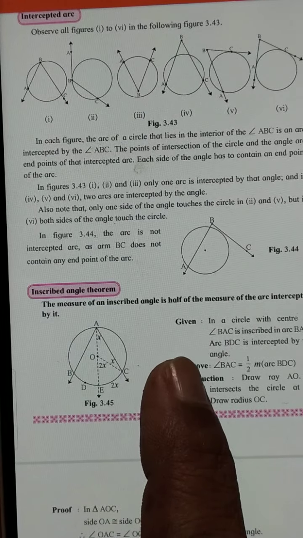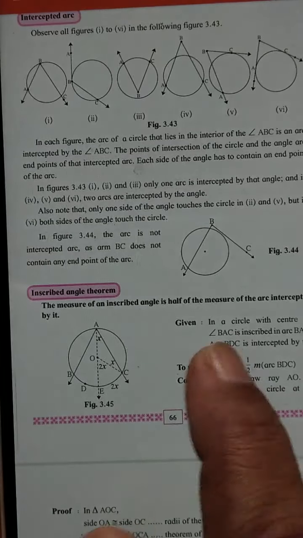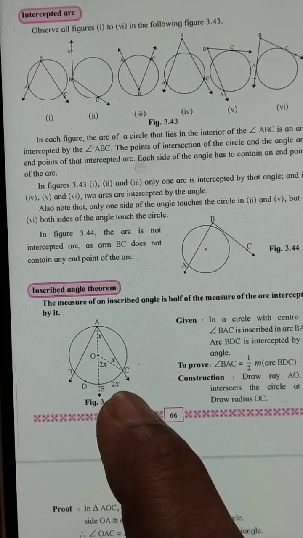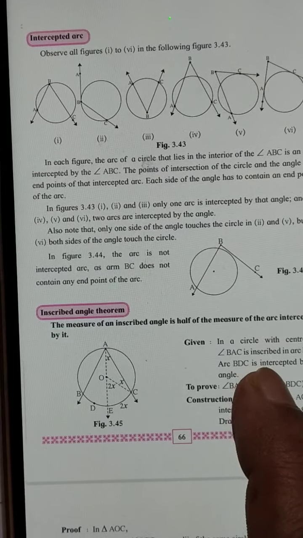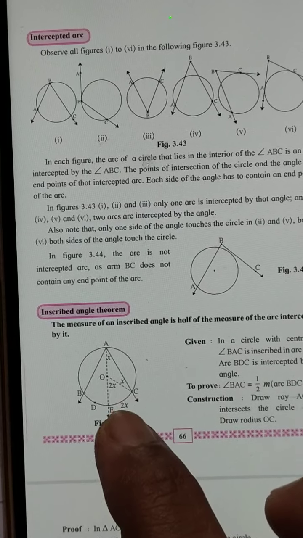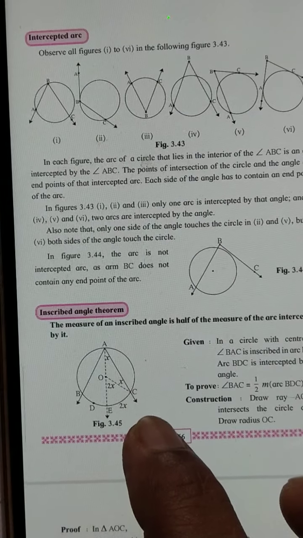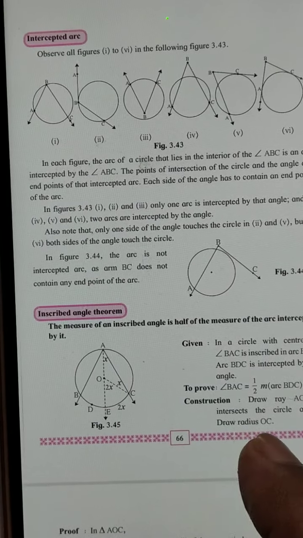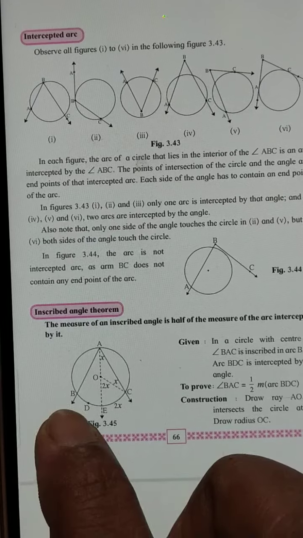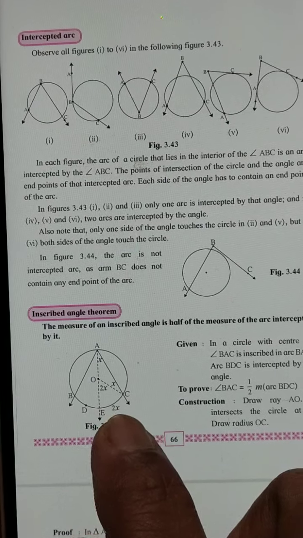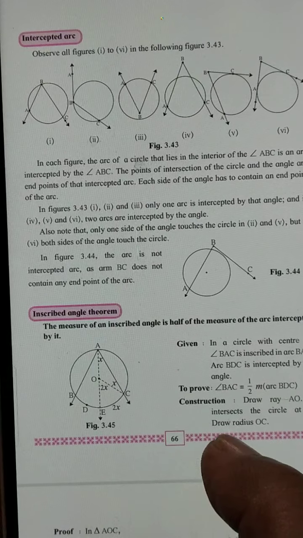So now, first of all we have to write given. With this figure, you can write given: in a circle with center O, angle BAC is inscribed in arc BAC. Then arc BDC is intercepted by the angle BAC.